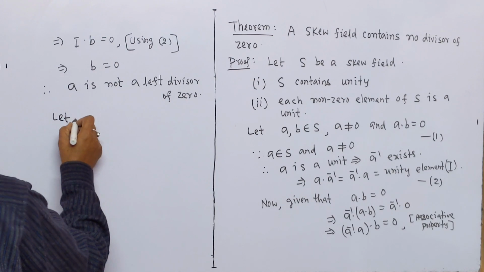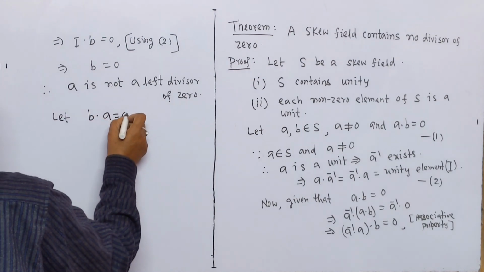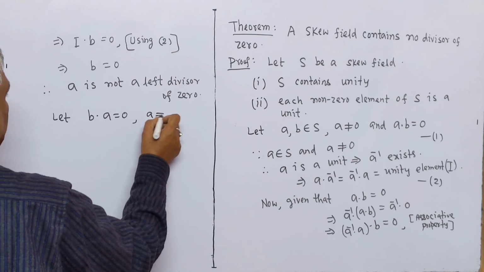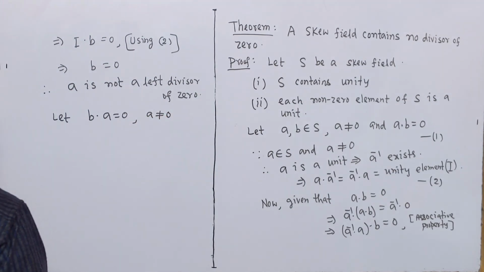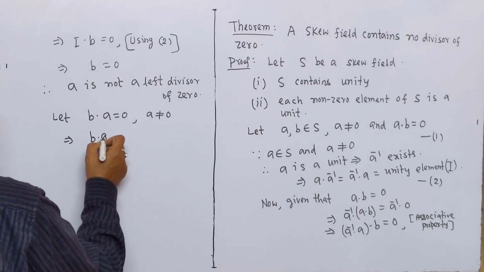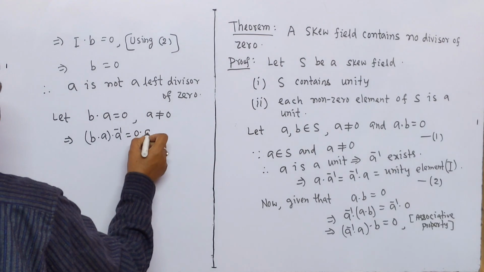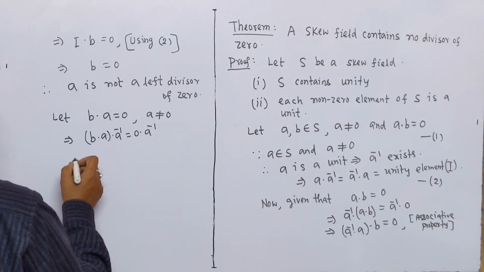Let B multiply A equal to 0, A not equal to 0. This implies that B multiply A multiply A inverse equals 0 multiply A inverse.